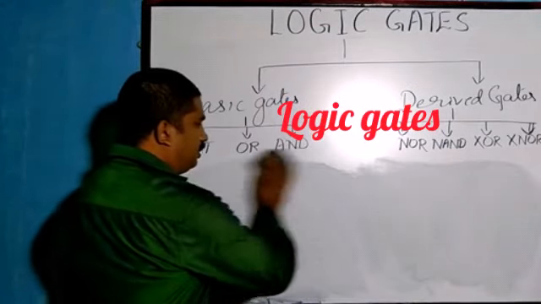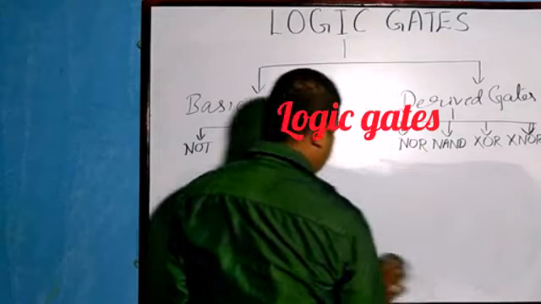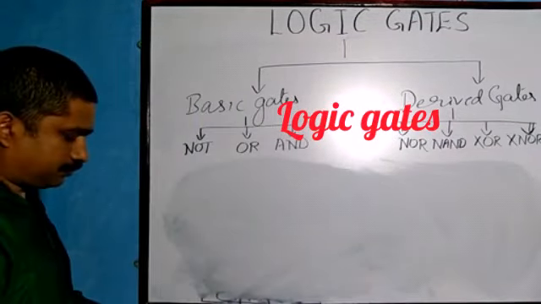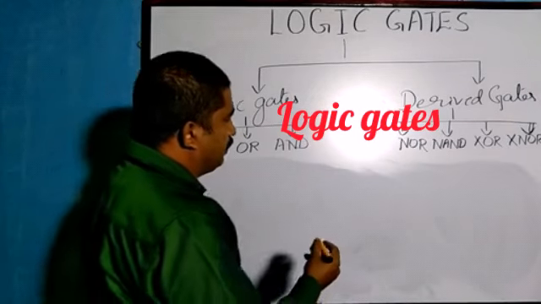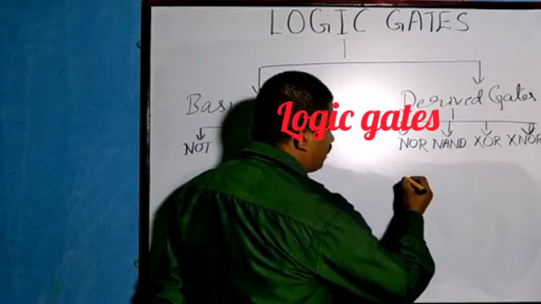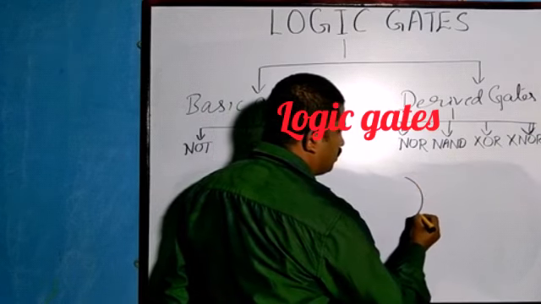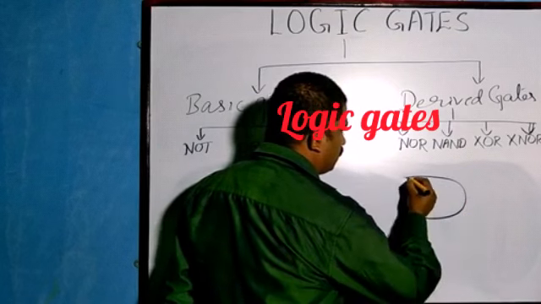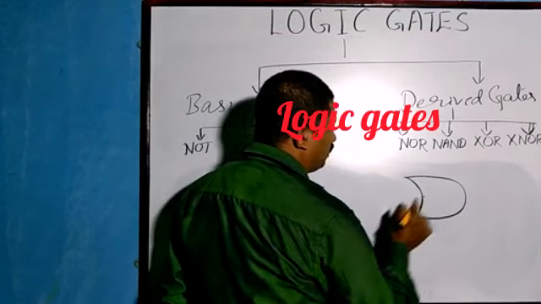So here you should know about odd and even numbers. The circuit symbol is like this. This is the OR gate. Okay, this is the OR gate.